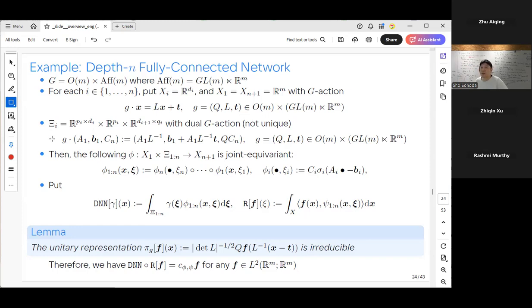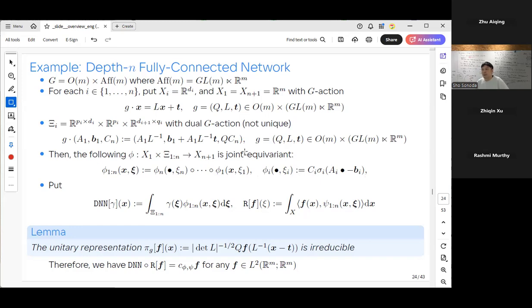The group action on parameters acts only on the first layer parameters and output layer parameters. The group action looks, again, technical, but under this group action, we can verify that the deep feature map, defined by the n-times composition of this feature map, is jointly equivariant.